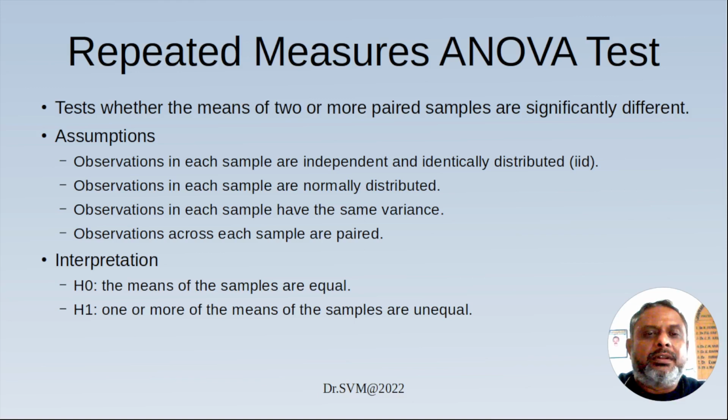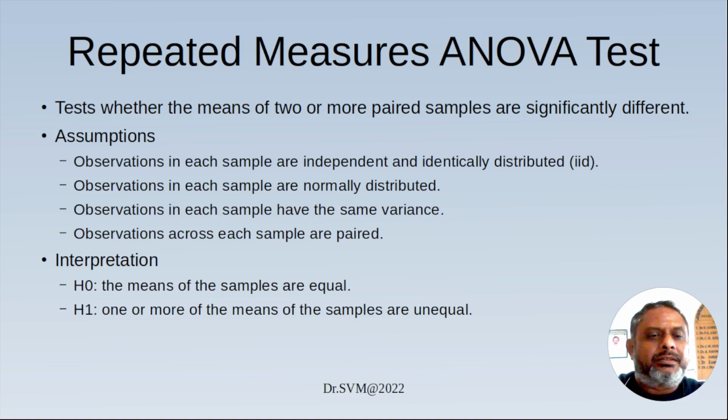Therefore it is trying to see whether the performance of the class is similar in all four tests or not. So here we have paired samples, two or more paired samples, and we are trying to find whether the means of these are significantly different or not.